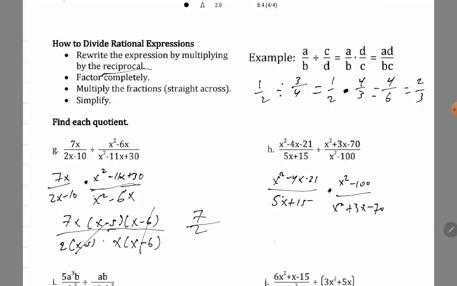So this factors into x minus 7, x plus 3 over 5, x plus 3.